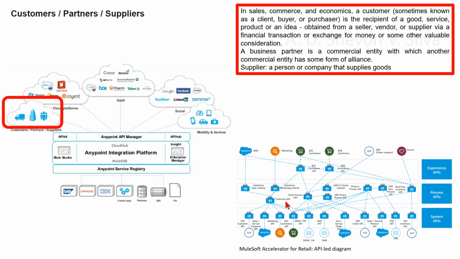Accelerator Customer Process API. The customer process API orchestrates the data flow between different systems.